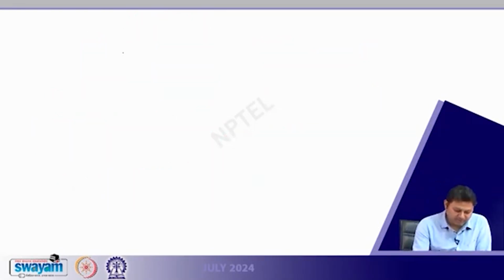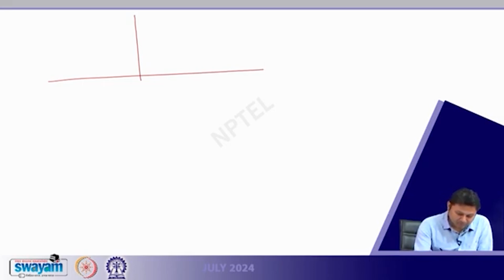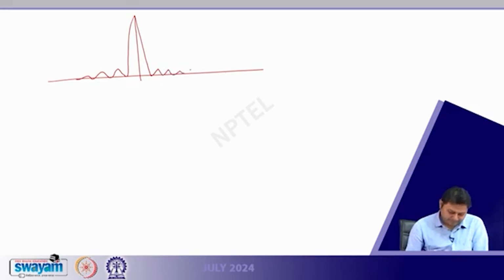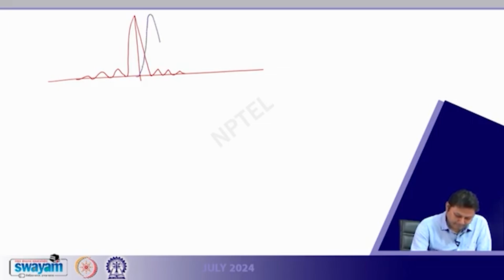What is the meaning of just resolved? Let me quickly draw that spectra once again that we did earlier. For one wavelength the spectral line will be something like this, and for the other wavelength it is like this.